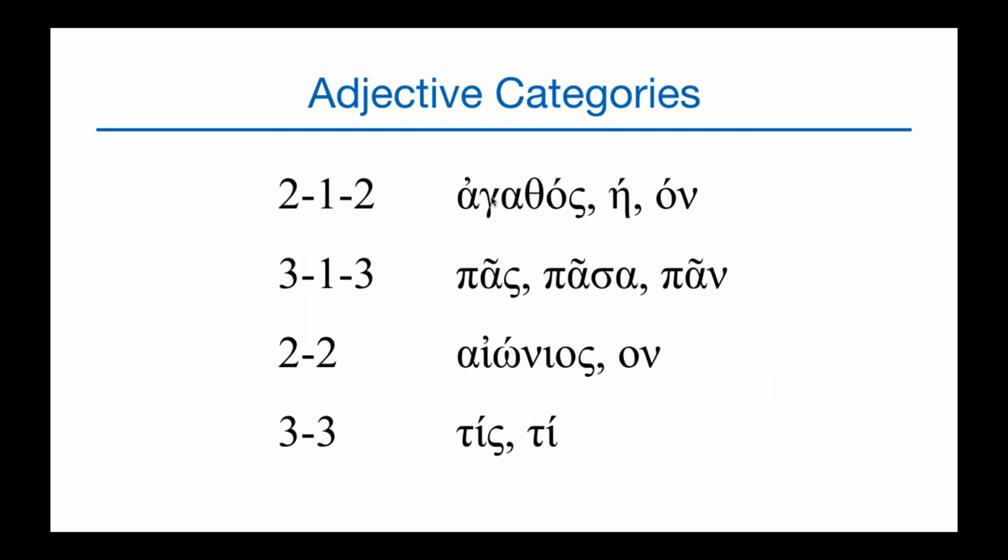So you've got here the different categories. You've got the 2-1-2, the 3-1-3. You also have something called a 2-2, which would be similar to being undeclinable. You also have a 3-3, which is similar. It's going to act as if it doesn't have any particular declension whenever it's being used.